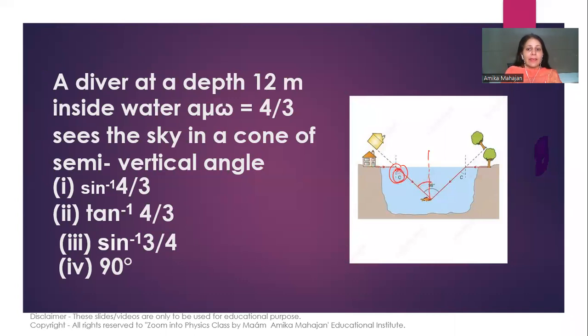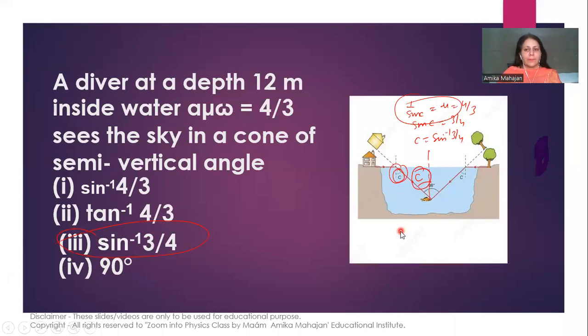And you know, if this is angle C, this angle will also be the critical angle. And I know that 1 by sine C equal to mu, which is 4/3. So taking reciprocal, sine C is 3/4. So C will be sine inverse of 3/4. So I was supposed to calculate this semi-vertical angle, which is the critical angle. So from this relation, I have calculated, and the correct option is sine inverse 3/4.